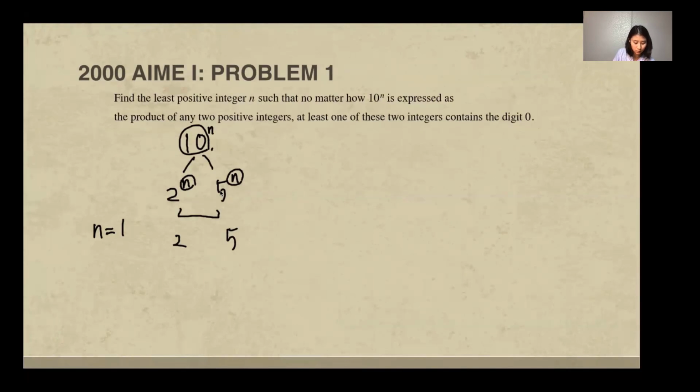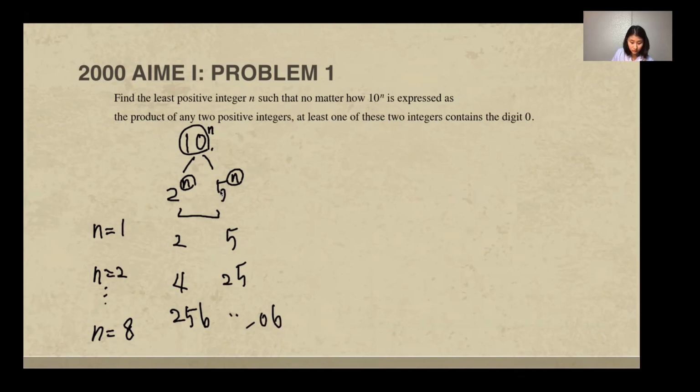We don't see any zeros in any of the digits, so we're going to move on to n to the power of 2. That is 4 and 25, and we're going to go on and on until we hit n equals 8, where 2 to the power of 8 is 256, and 5 to the power of 8 is 390,625.